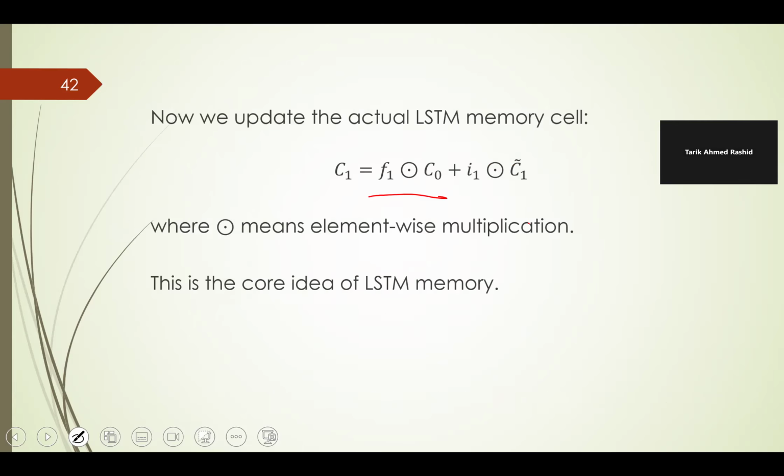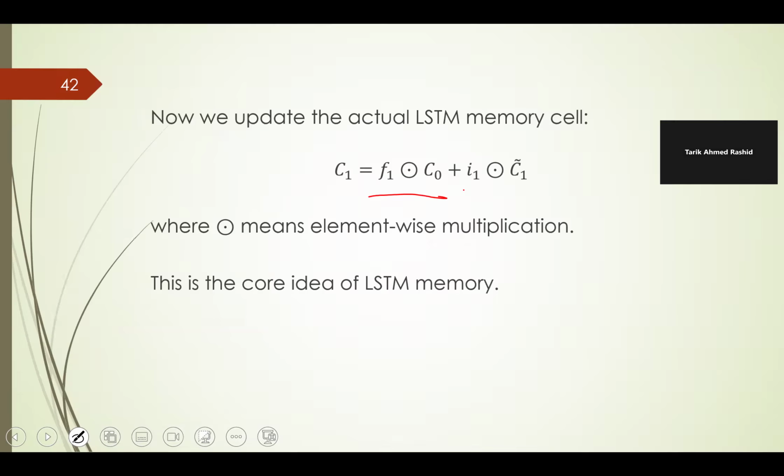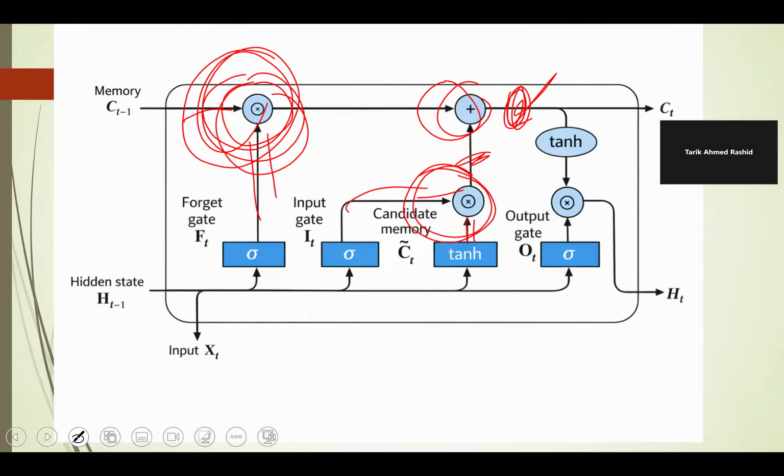Now the remaining part is this multiplied by this, plus the zero, which will leave only that one. So I multiplied by C tilde, that's the input multiplied by C tilde, which we have.